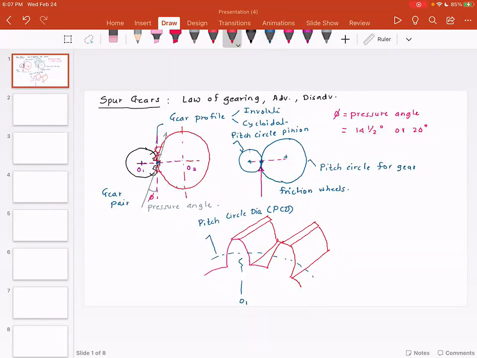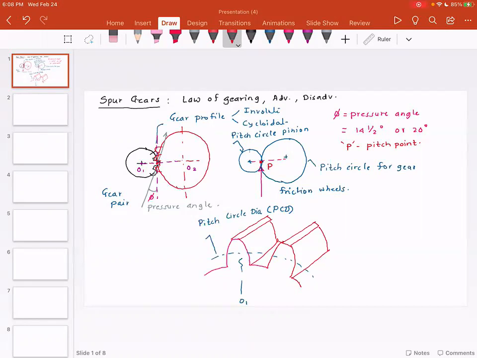And the point where two pitch circles come in contact, which is the same as the point where two gears come in contact, is called the pitch point. So P is the pitch point. This is the point where two gears mesh or two pitch circles match.